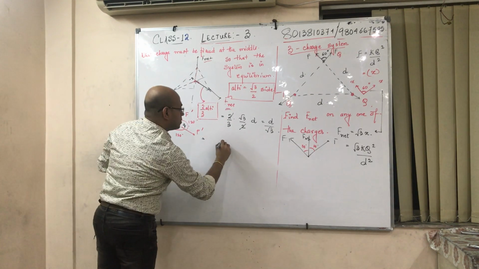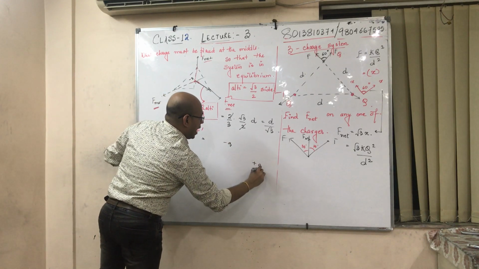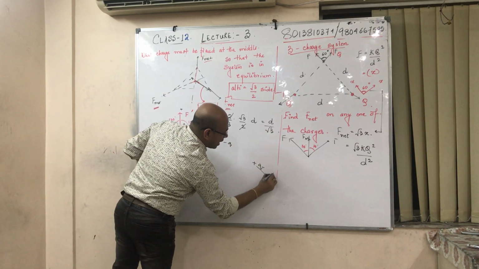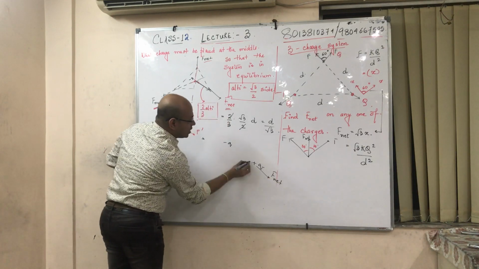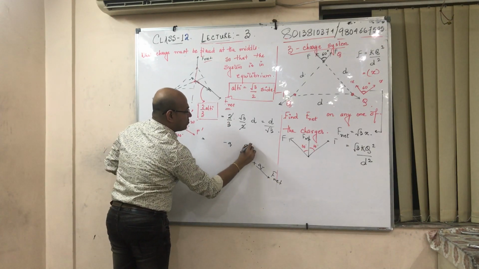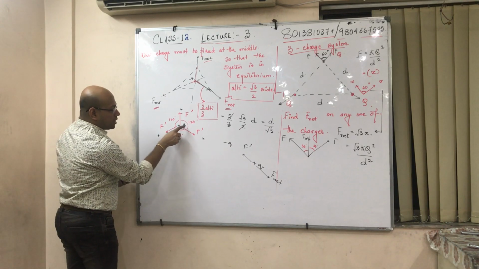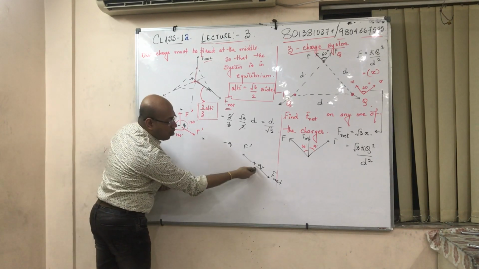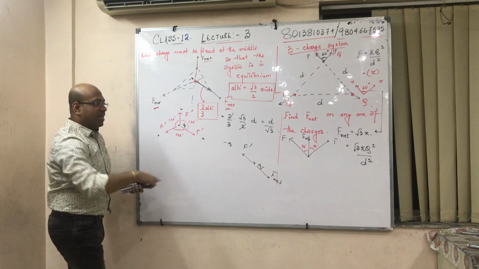So now this minus Q will attract each and every one with this distance. Let's see. I am taking any one of the charges. This was experiencing a force F net in this direction, and this will attract with F dash. Why F dash? Because if the minus Q is being attracted by F dash, then minus Q will also attract it by F dash.